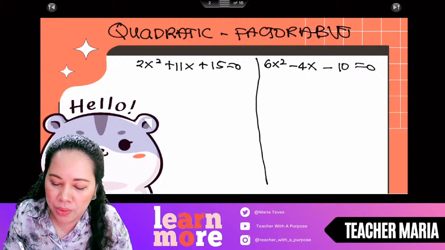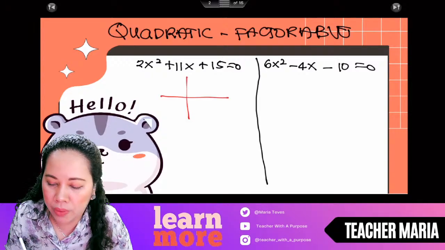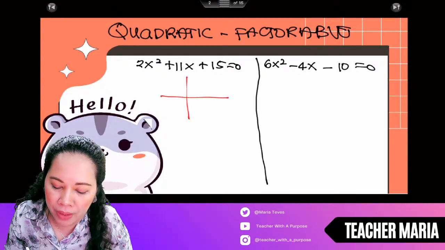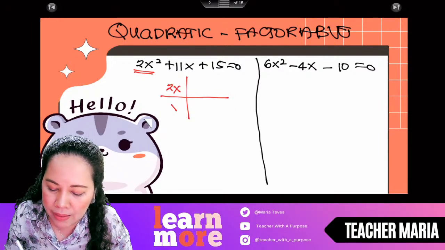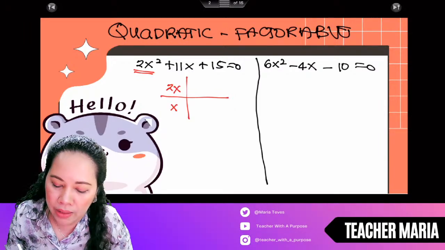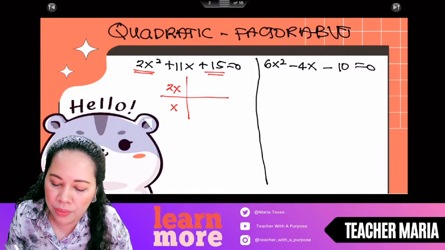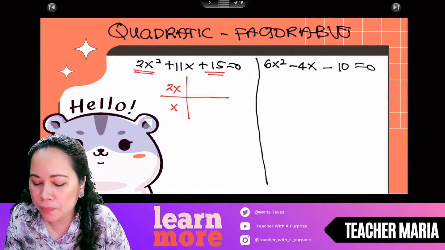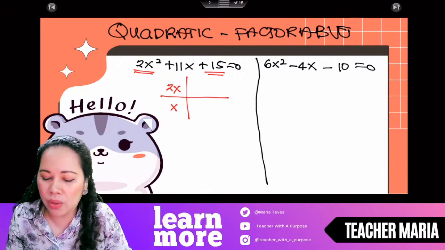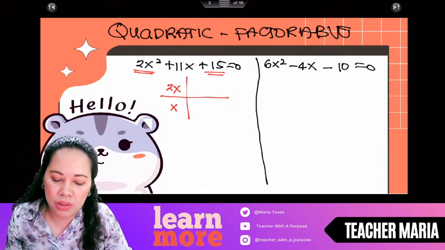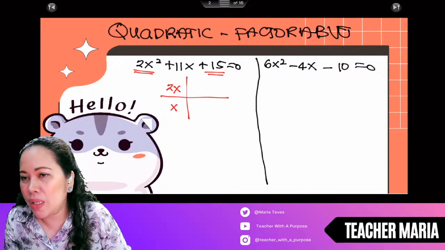So you can use this method. The first step is you find the factors of 2x squared. That's 2x and x. And then you find the factors of 15. So you can have 5 times 3. You can also have 3 times 5. That will give you a sum of 11.